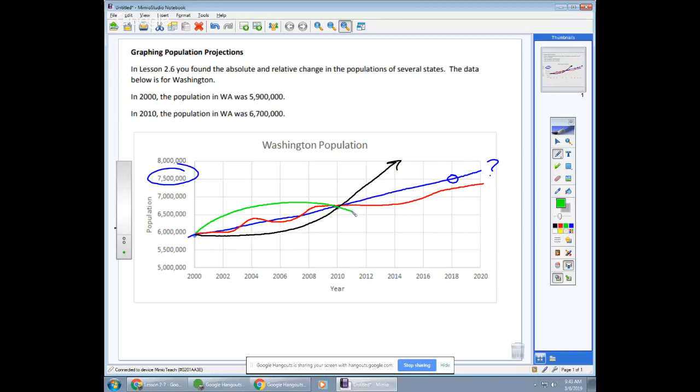Maybe it's going to do something like this. Maybe it's going to do something like that. So we don't have all the data, so there's lots of different ways a pattern could be formed here. Some of them are easier to find than others. We're just messing around. We're going to get a little more serious next.